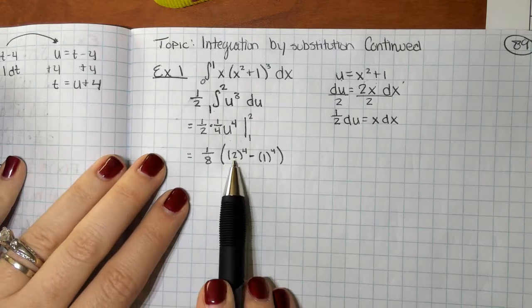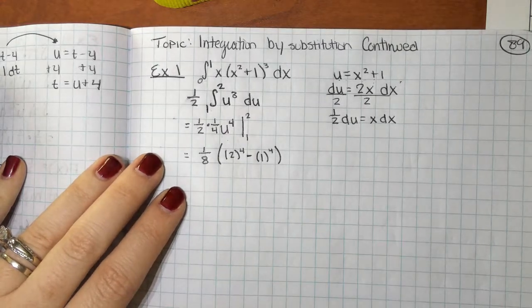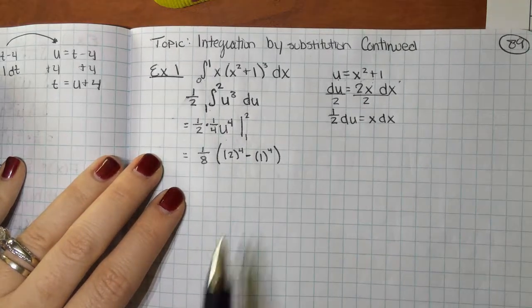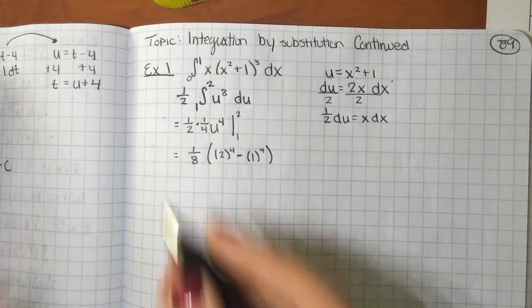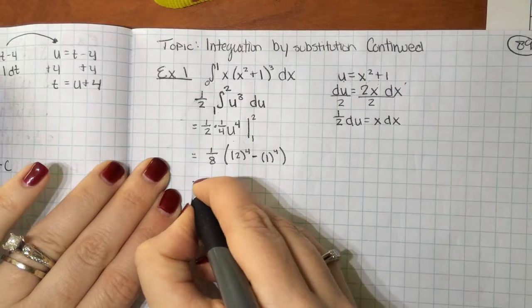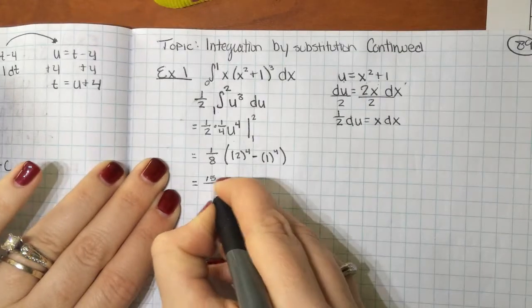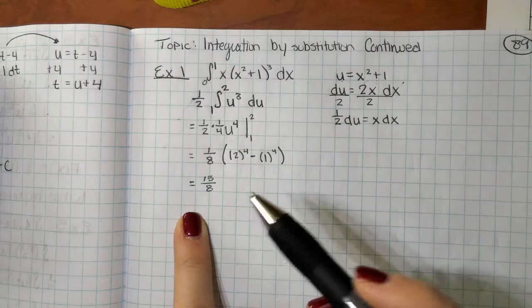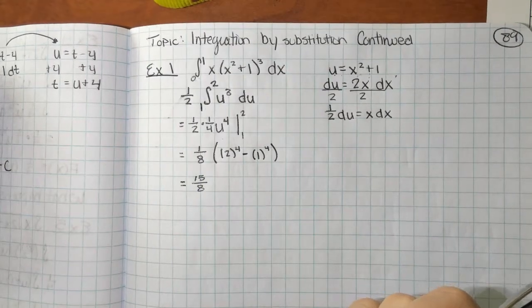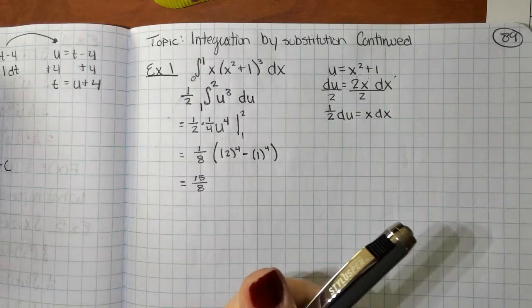So 2 to the 4th happens to be what number? 16. 1 to the 4th is 1. 16 minus 1 is 15, so we get a final answer of 15 over 8, and if you wanted to, you could go ahead and check this in your calculator, and you would see it gives you 15 over 8. You don't have to, but it's a good way to understand if you did it right.